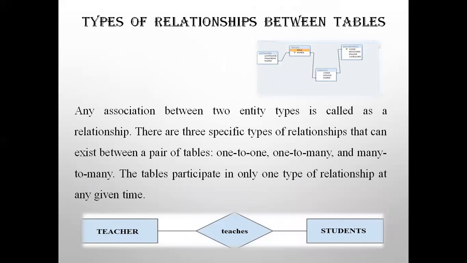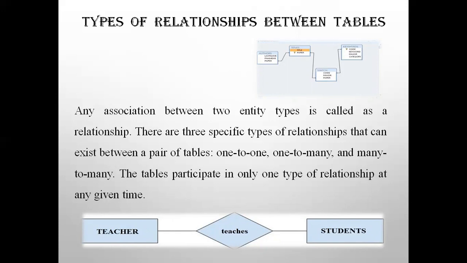Database relationships are the backbone of all relational databases. A relationship in the context of databases is a situation that exists between two relational database tables when one table has a foreign key that references the primary key of the other table.